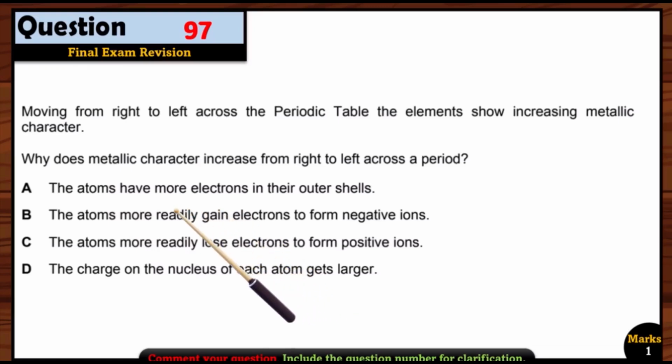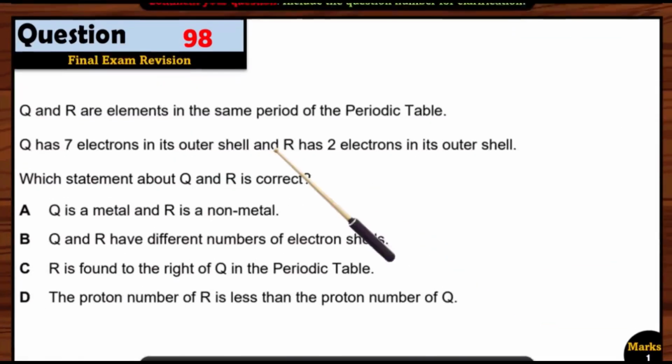It means they are talking from group 8 to group 1. If you move across from group 8 to group 1, the number of electrons in the outer shell is decreasing. The atoms more readily gain electrons. Wrong. Metallic property is to lose electrons. So the third option is the right option here. That is C. The atoms more readily lose electrons to form positive ions.